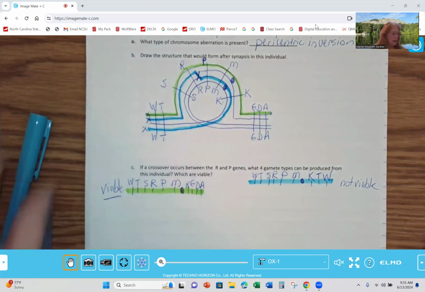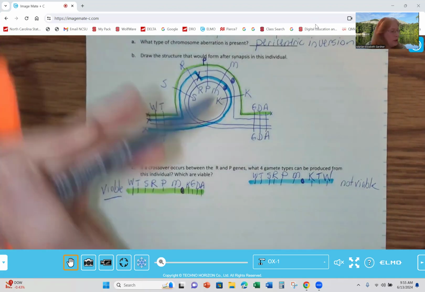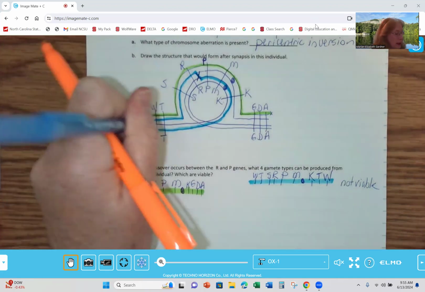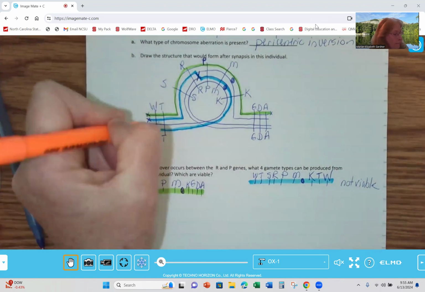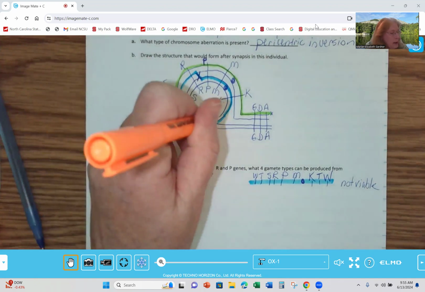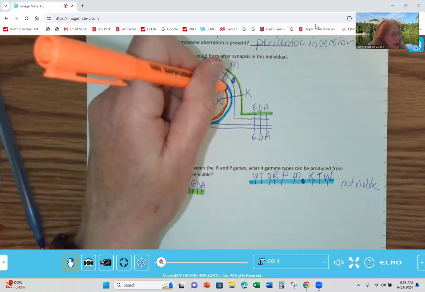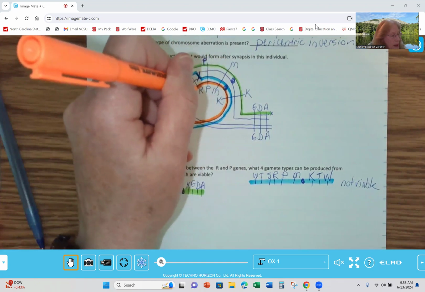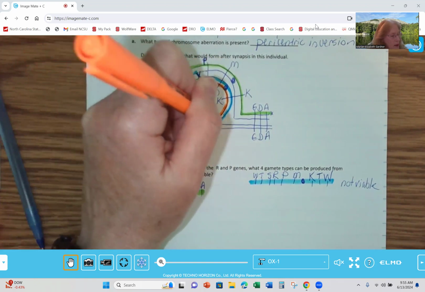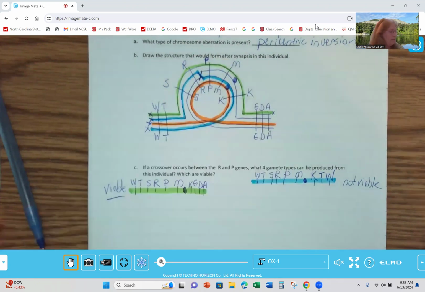Oh, let's see. I need a third color. Make orange. And I'm going to start with this third line here. WT K centromere MPRS GDA.